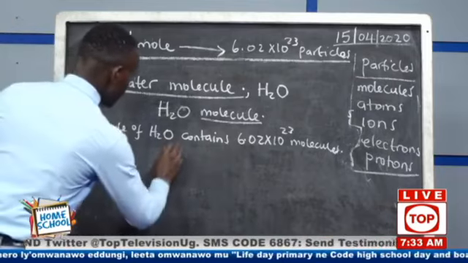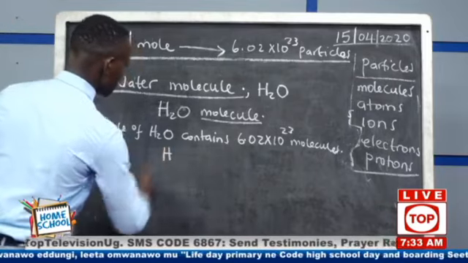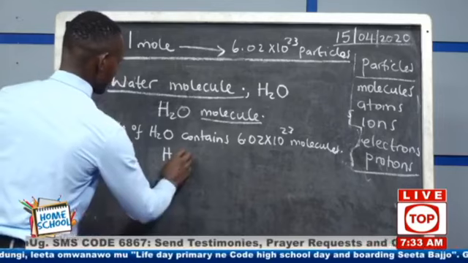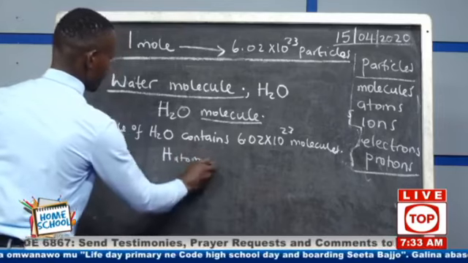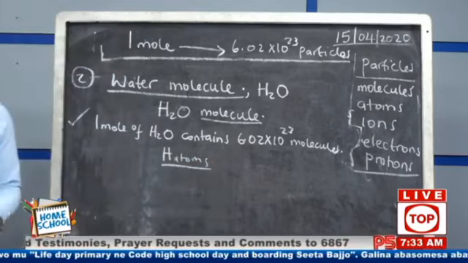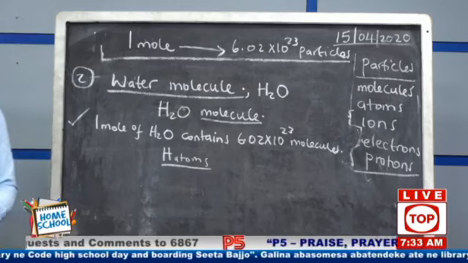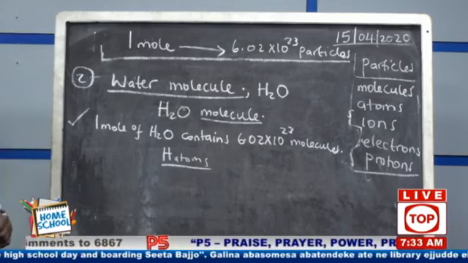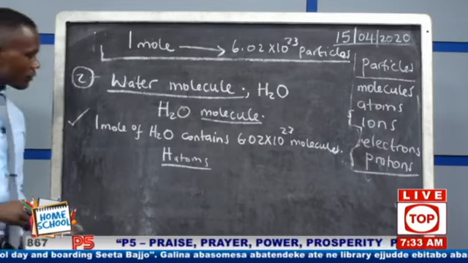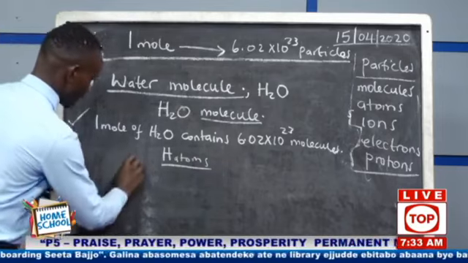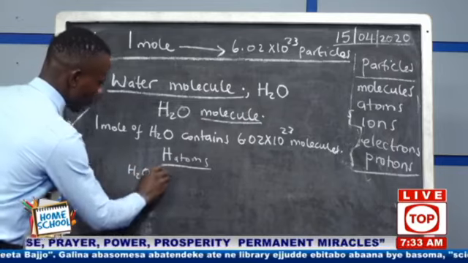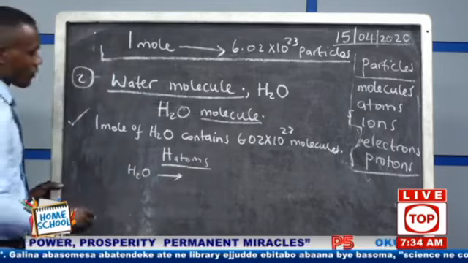We have hydrogen atoms. Do we have hydrogen atoms there? Yes, we have the hydrogen atoms there. First of all, you look at water. Water is containing how many atoms of hydrogen?